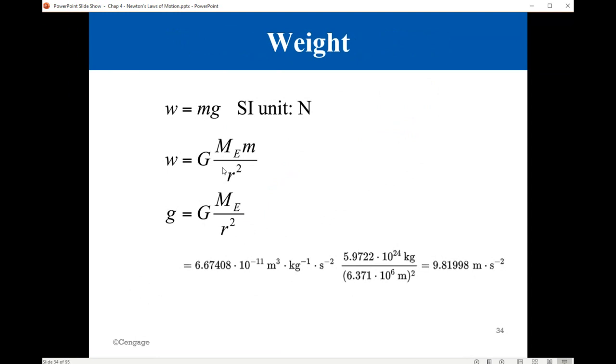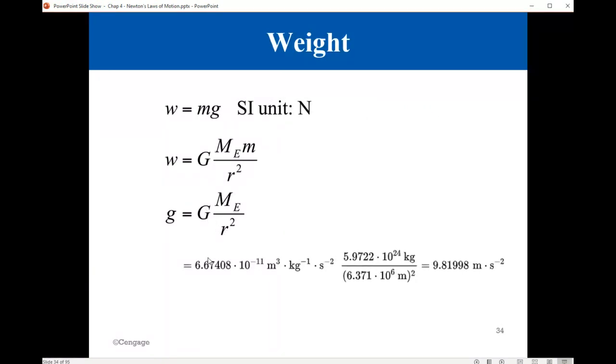So mg equals G Me m over r squared. We cancel m from both sides, and now we have this equation for g. g is equal to the universal gravitational constant multiplied by the mass of Earth divided by the radius of Earth squared.